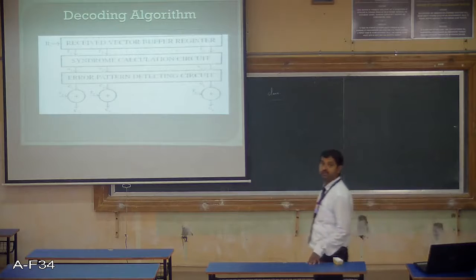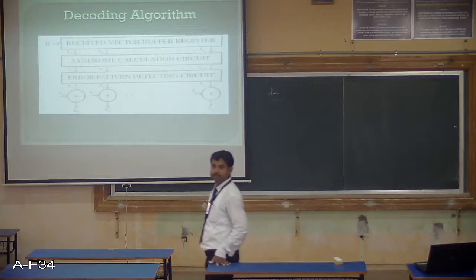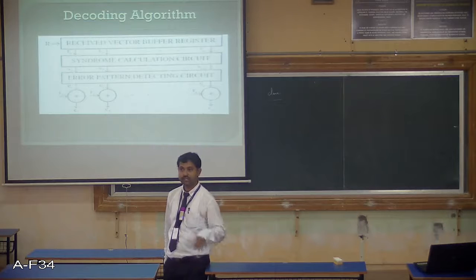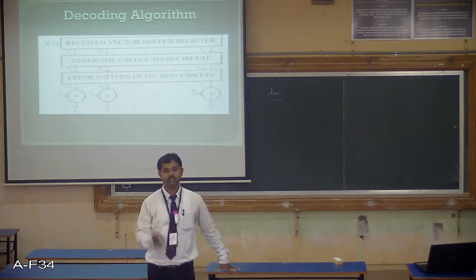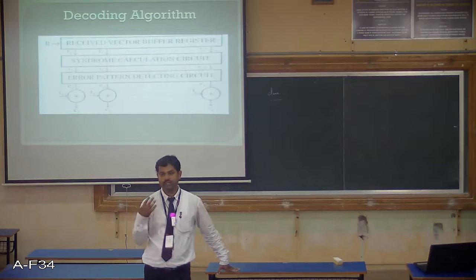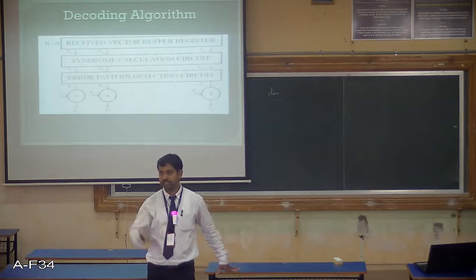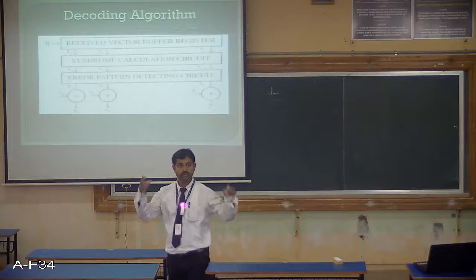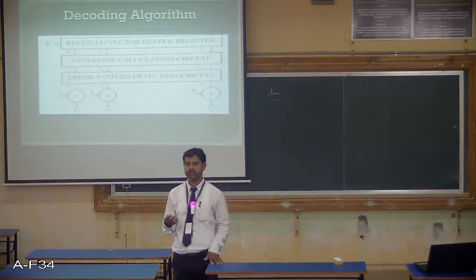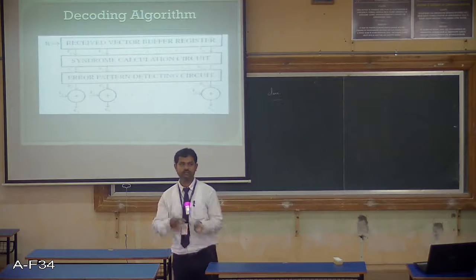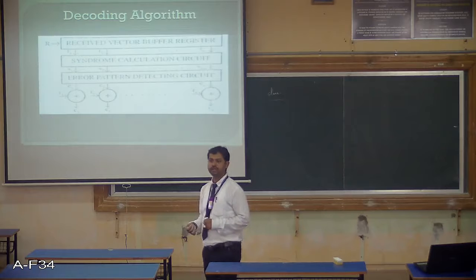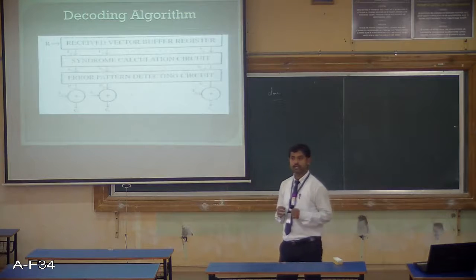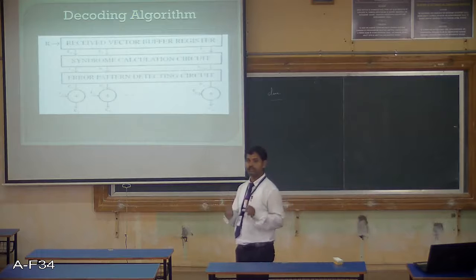This is the decoding algorithm, the last part. You've transmitted, you've encoded, and you've received, and you came to know whether there is an error or not. If you have an error, in fact you have corrected it also with certain formulas, but now how to implement the circuit? If you know the procedure, I can convert that into an implementable form. This is how I can implement the correction.